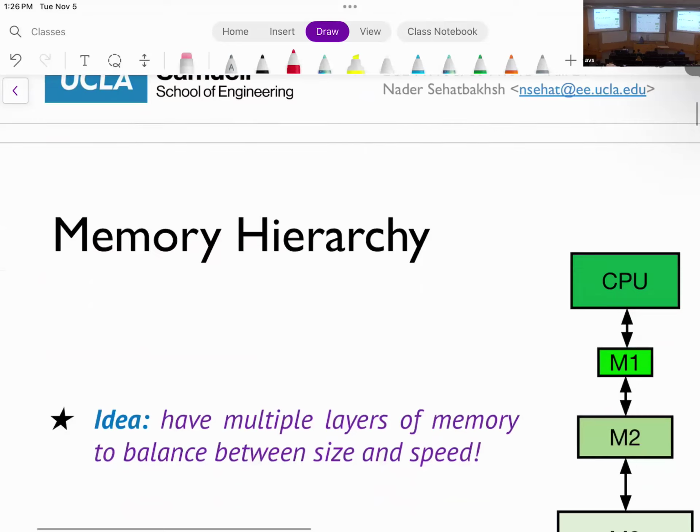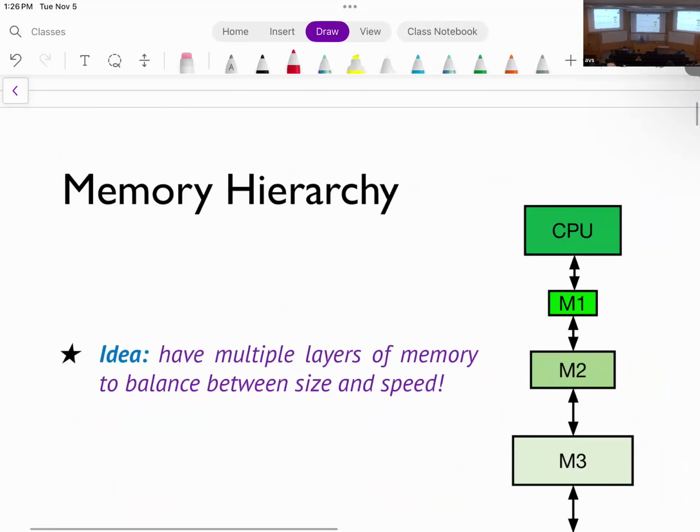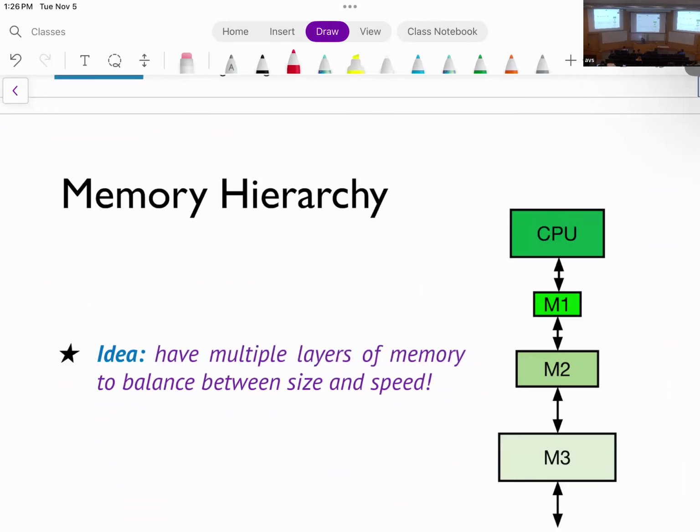And that's the idea of memory hierarchy, okay? So when we say memory in modern systems, we're not going to talk about just one memory. We're going to talk about a hierarchy of memories. The hierarchy looks like this: we start with the smaller memory and we gradually make it larger, but as we go down, the time to access takes more time.